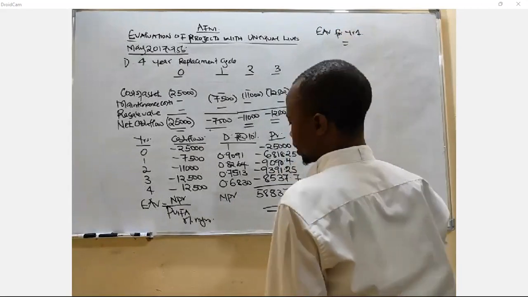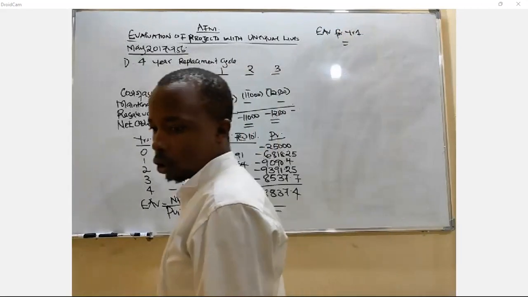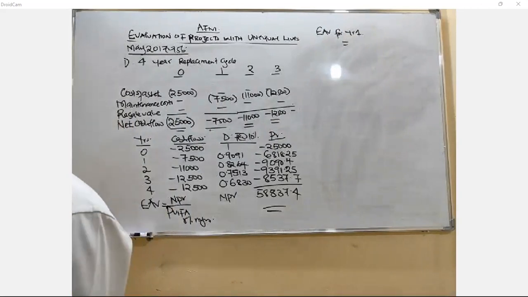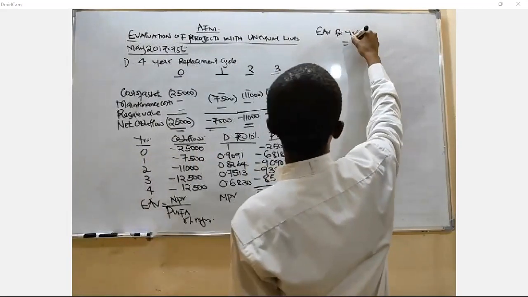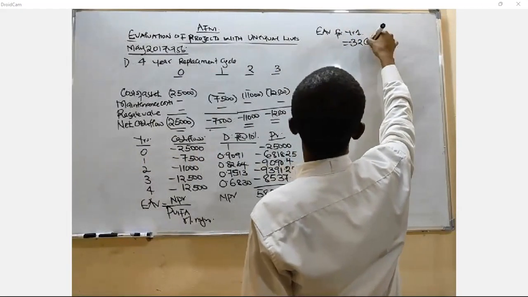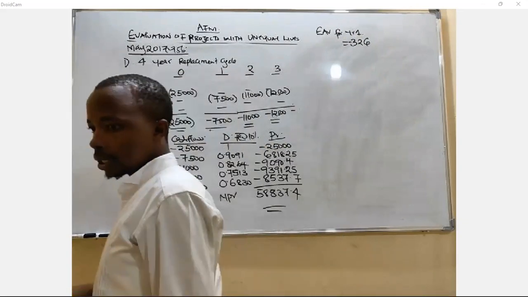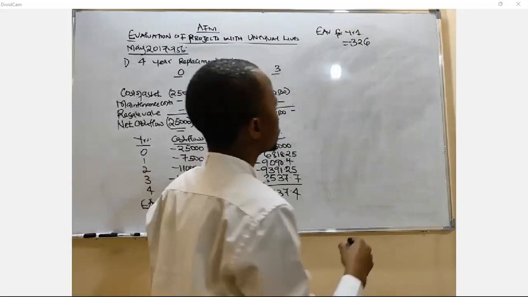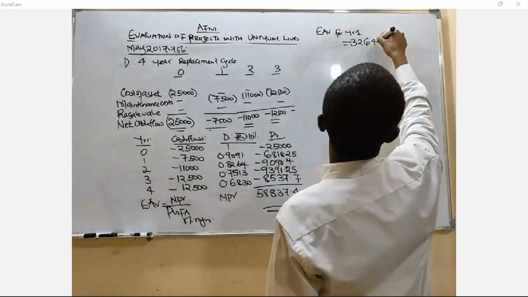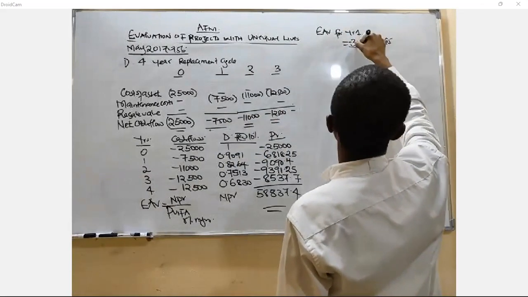So we are going to be taking, when you look on the computation of the NPV for the first year, we got around 18,181.75. You divide it by what?